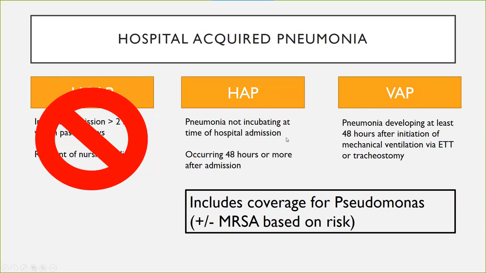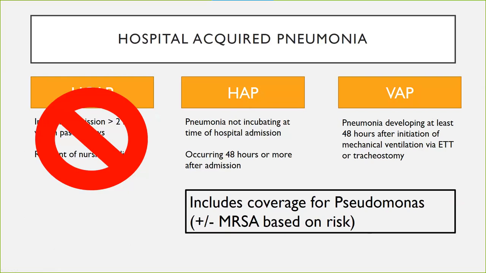Hospital-acquired pneumonia is pneumonia that was not incubating at the time of hospital admission and occurs 48 hours or more after admission. VAP, or ventilator-associated pneumonia, develops at least 48 hours after initiation of mechanical ventilation or a tracheostomy. For both HAP and VAP, we need to include coverage for Pseudomonas plus or minus MRSA based on risk.